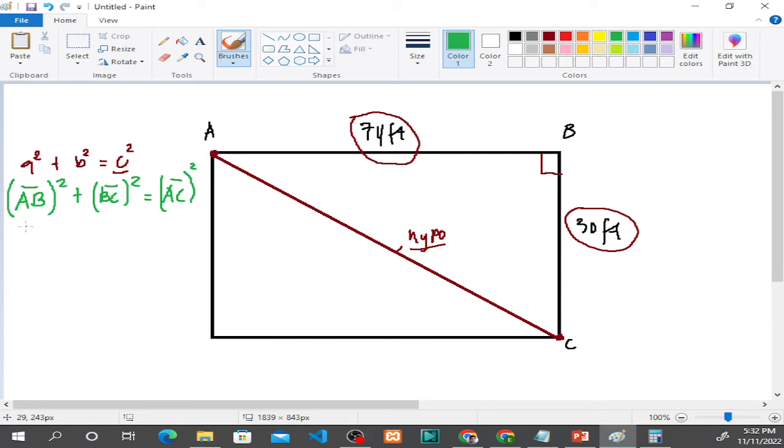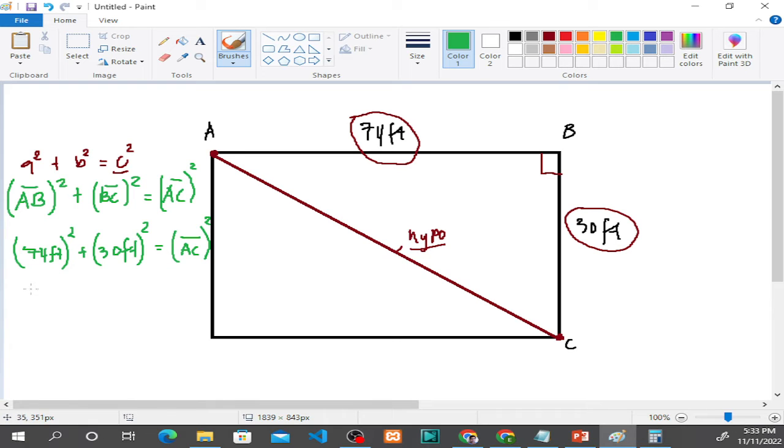Then we substitute the value of AB, which is 74 feet, and square that, plus 30 feet, squared, and that is equal to line AC raised to the power of 2.